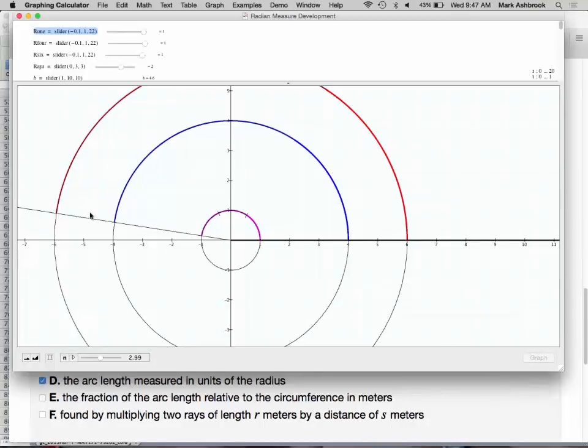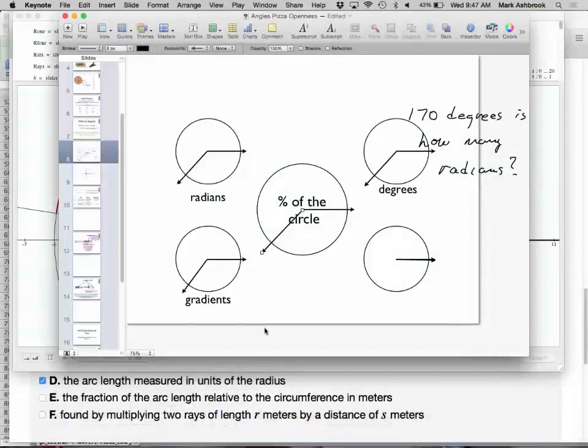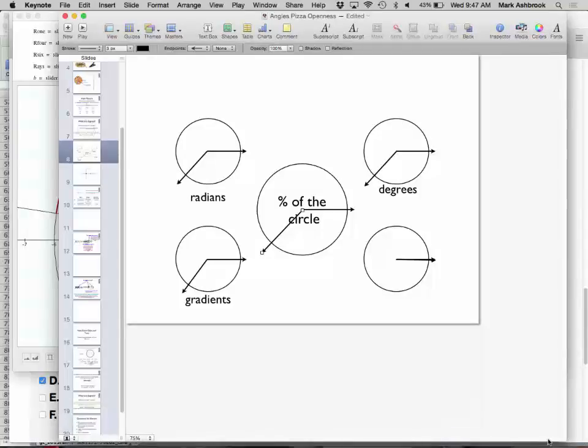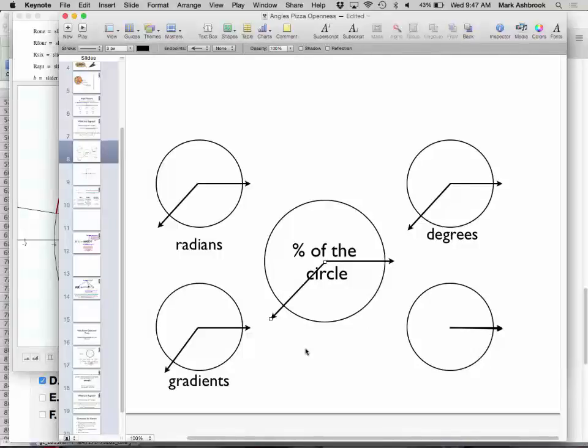Is 170 degrees more or less than halfway around the circle?